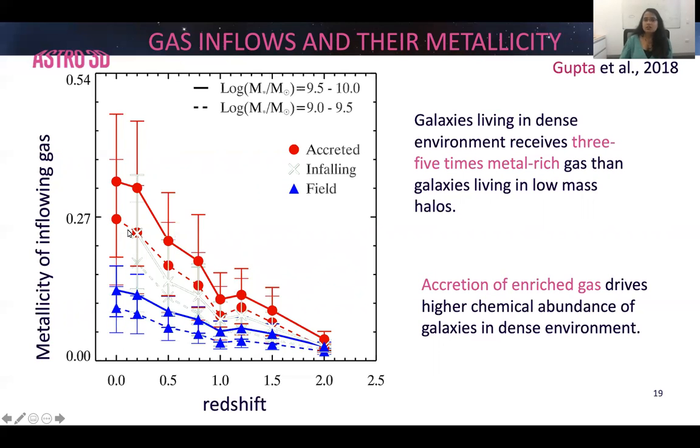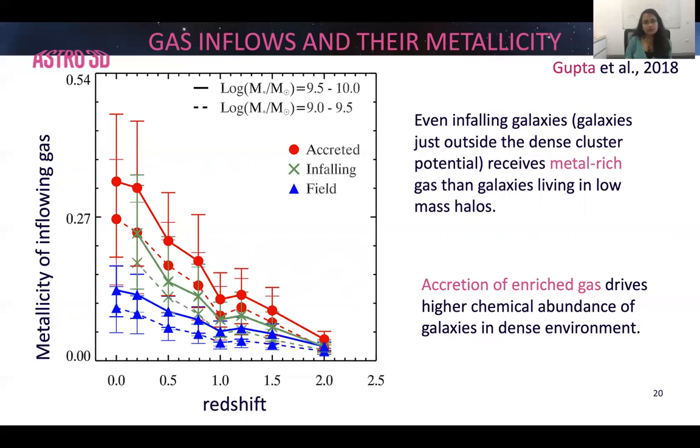That is, the galaxies which live in the cluster potential are accreting significantly more metal-rich gas than the galaxies which live in the field environment. In fact, even the infalling galaxies, the galaxies which are outside the cluster potential, are accreting more metal-rich gas than the field galaxies.